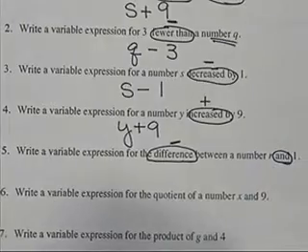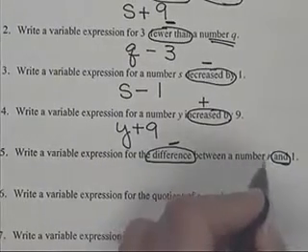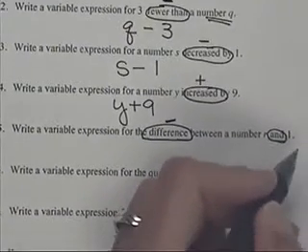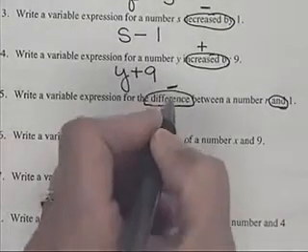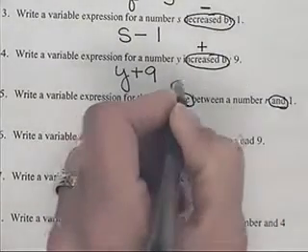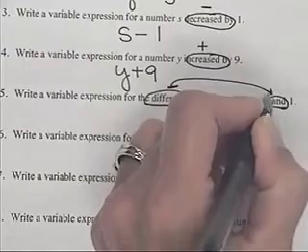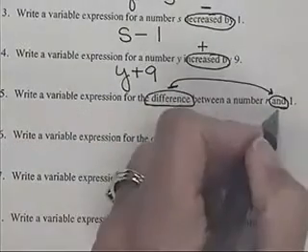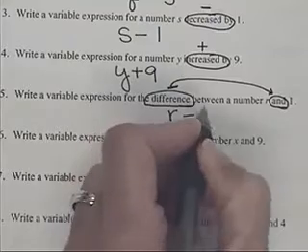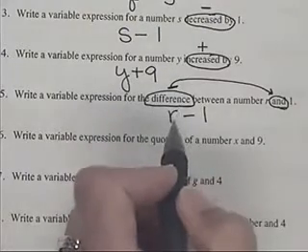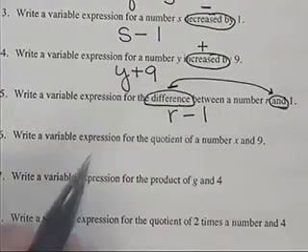This says the difference between a number r and 1. I'm going to scoot that up to make sure we don't run off the screen. Difference tells me it's going to be subtraction, and I'm going to put the subtraction sign where the word and is located. So this says r minus 1. That's the difference between r and 1.